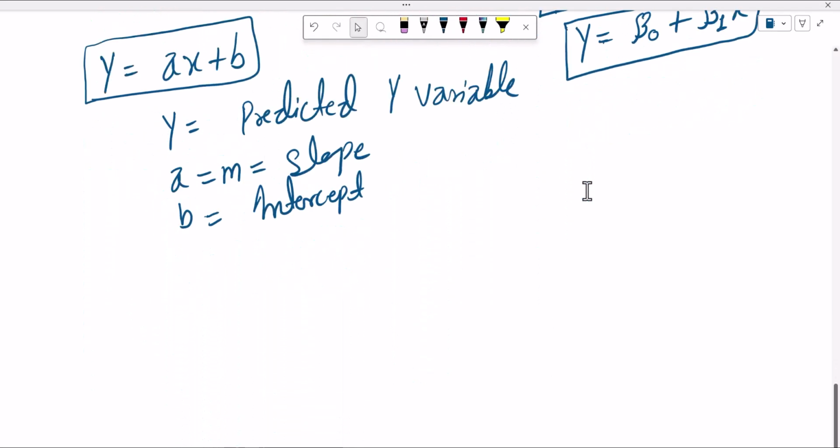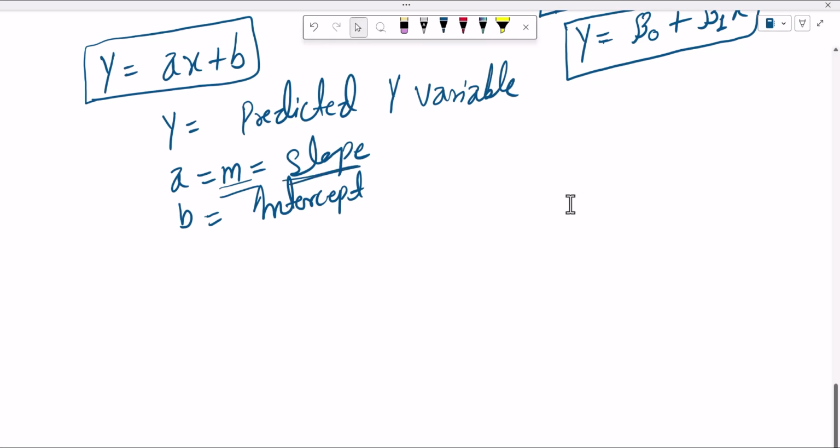This b is the y-intercept, the point at which the line intersects the y-axis. M is the slope of the line. This slope indicates how much the y value increases when the x value increases.